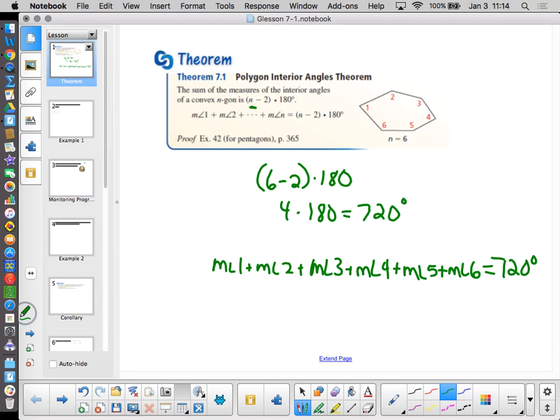Now, obviously, that's my setup for an equation. As we've been doing all year long, we're going to set up and solve equations based on information. Usually in the past, we've added things up and set them equal to 180 or 360. Now that number is going to be kind of a moving target sometimes, but it's still the same idea. So if I knew what some of these measurements were, I could substitute those values in and set up and solve an equation pretty easily.